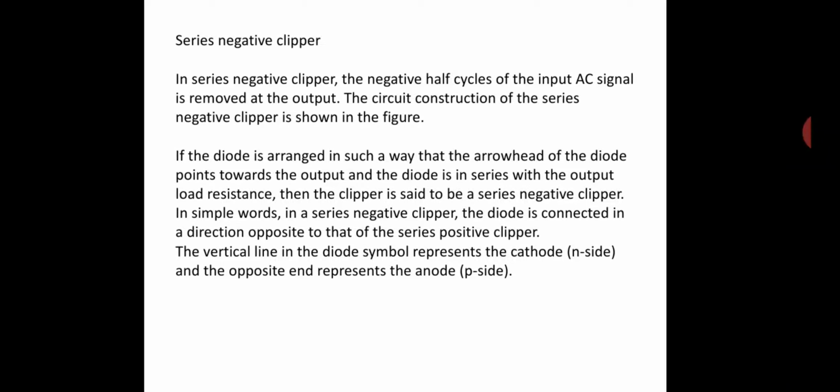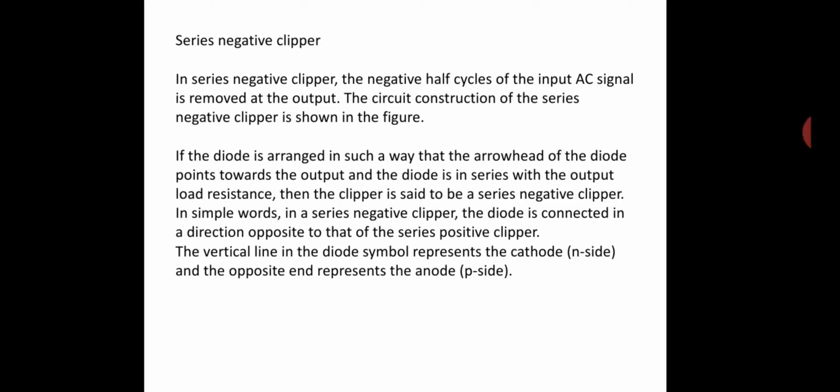In simple words, in a series negative clipper, the diode is connected in a direction opposite to that of the series positive clipper. The vertical line in the diode symbol represents the cathode and the opposite end represents the anode, the P side, like that. The A point of the diode is positive and the arrow shows the negative point of the diode.